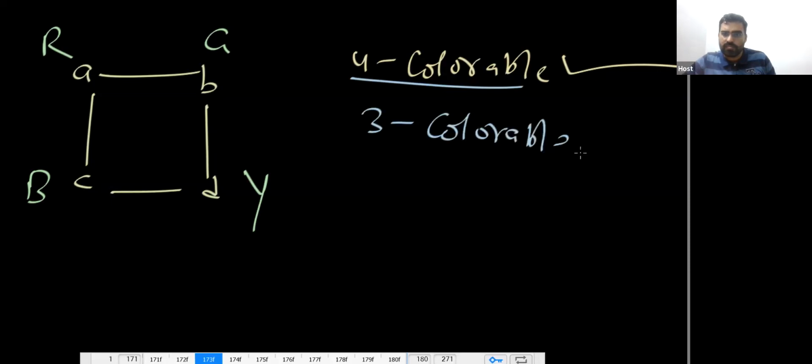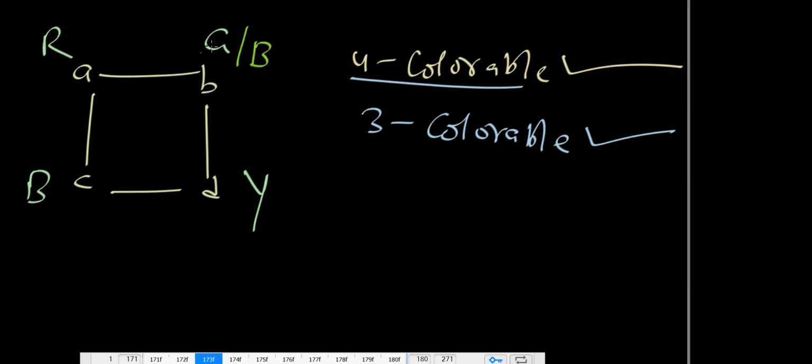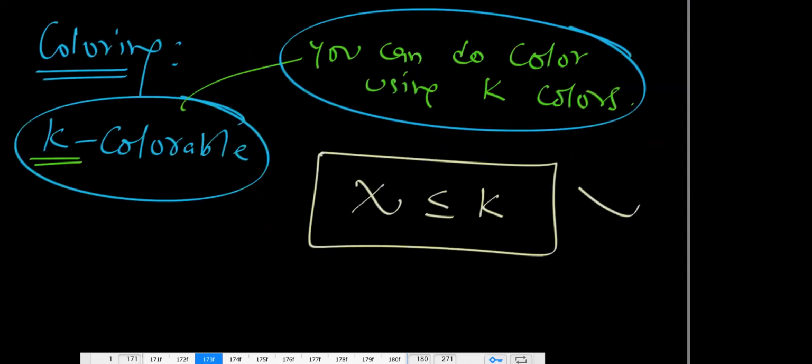This is 3 colorable also. For 3 colorable, if instead of green I use yellow, then this will be 3 colorable. Sorry, blue. I compared the K colorable and kappa terms with the minimum, so I got confused. It has nothing to do with the minimum.